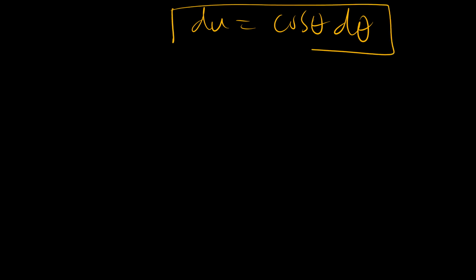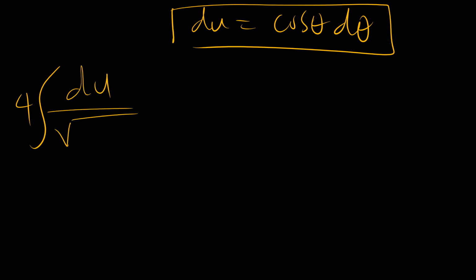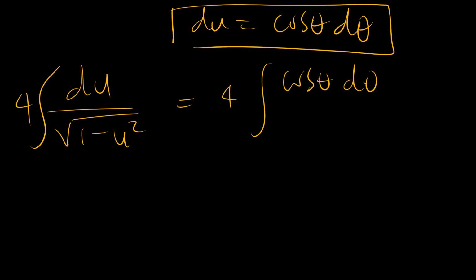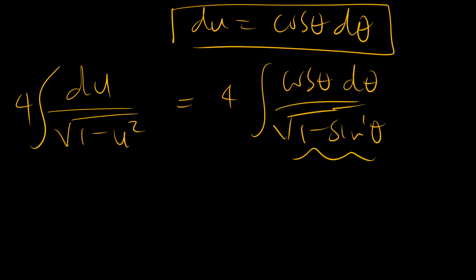So this is important, so that we have 4 du over square root of 1 minus u squared is going to be equal to 4 cos theta d theta over the square root of 1 minus sine squared theta, and this part here becomes cosine squared theta, and the square root becomes cosine theta as well.